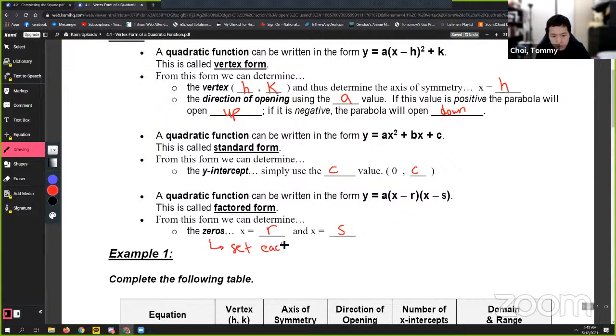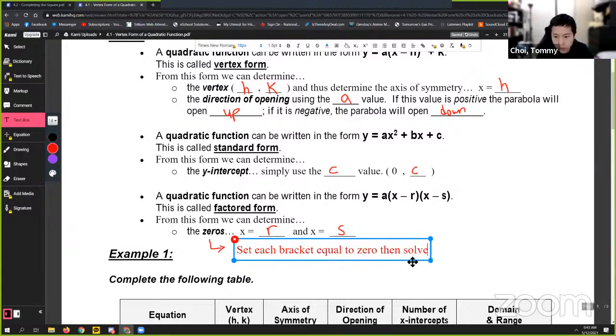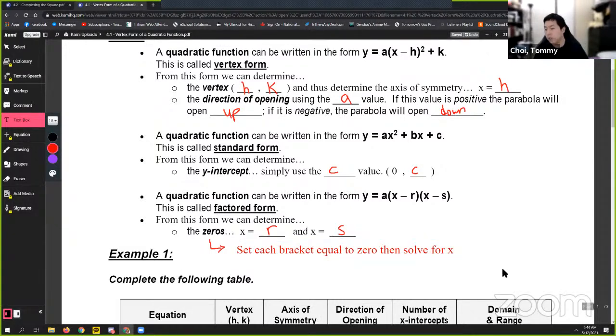I'm going to type that out because it's taking me forever. So how we solved it, set each bracket equal to 0, then solve for x. That's essentially what we're doing here to solve for our x-intercepts. So set each bracket equal to 0, solve for x, done. Okay?